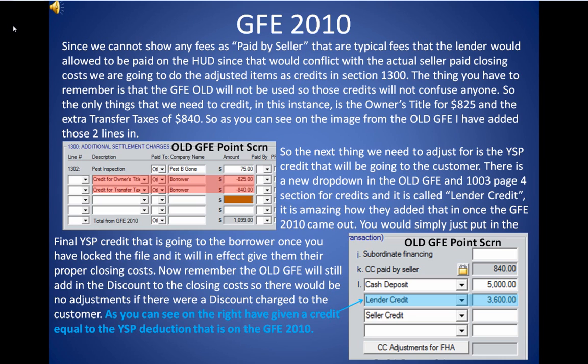In there you would put the exact amount of the lender credit that we showed on page 2 in box 2 of the Good Faith 2010. That should even out the customer's closing costs. Because the old GFE is still tied in with page 4 of the 1003, once we've made these corrections, you should be able to show the borrower their correct amount to close.